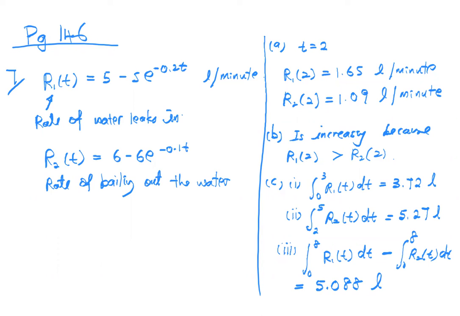Minus, okay, sure, yeah. So now I want you to interpret this value. What do you mean by 5.088 liters? Every number that you get, you must know how to interpret. So you don't have to purposely calculate this. You must know what is the meaning of this part.